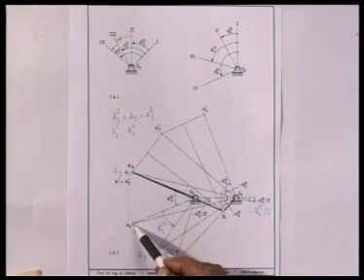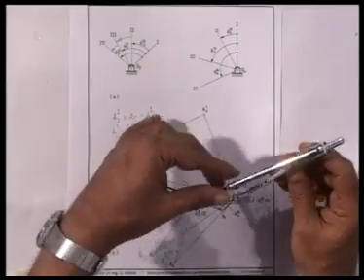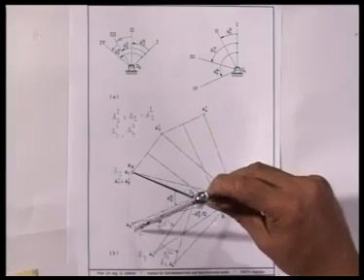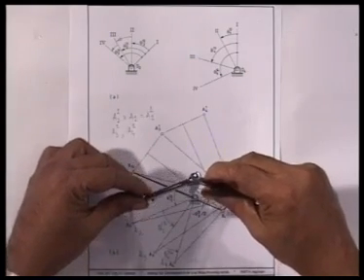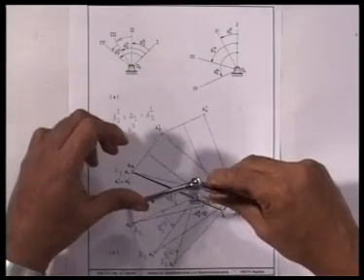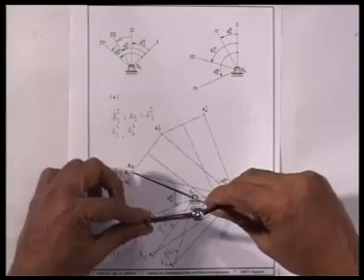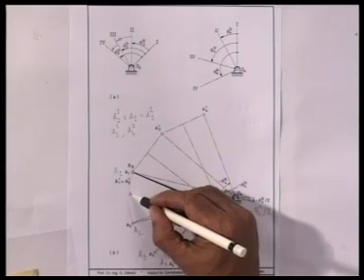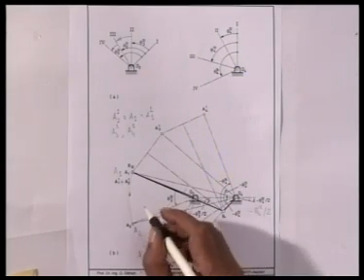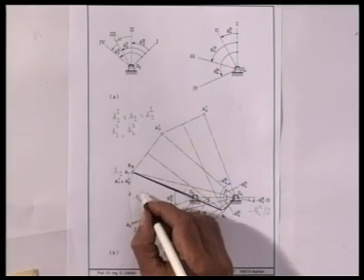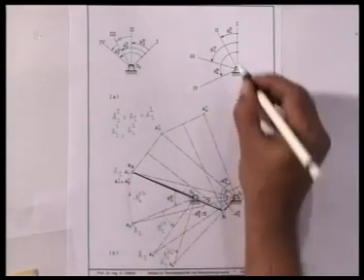Now, to obtain the inverted position of A2, what do we do? We rotate O4 A2 through minus theta 4 1 2. Theta 4 1 2 is given.